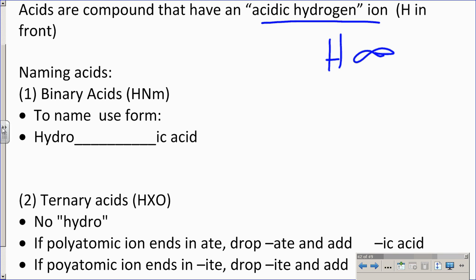Step 2, what kind of acid? Binary acid, ternary acid. What did I tell you binary meant earlier? Oh, binary, not bi. Bi was referring to the biphosphate and stuff like that. Binary means 2 types of elements, because we went through binary molecular and binary ionic.